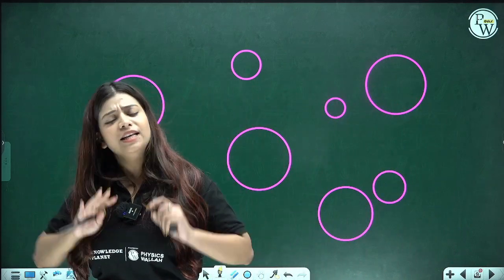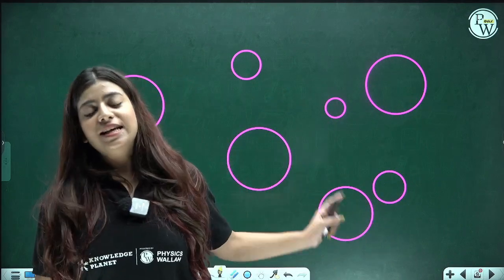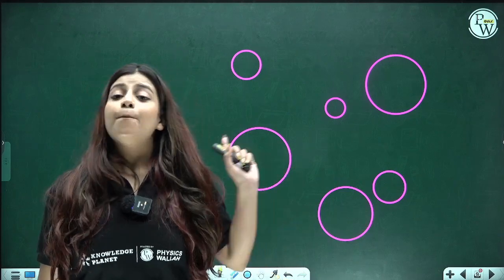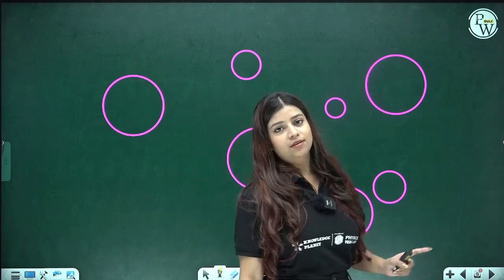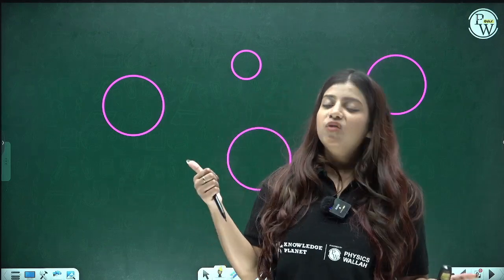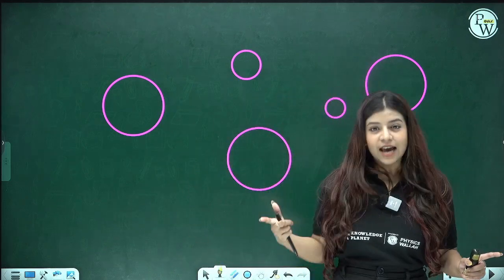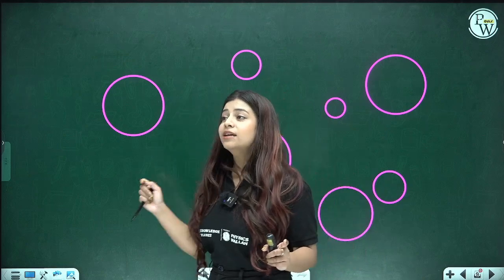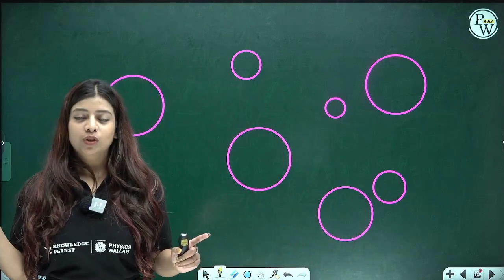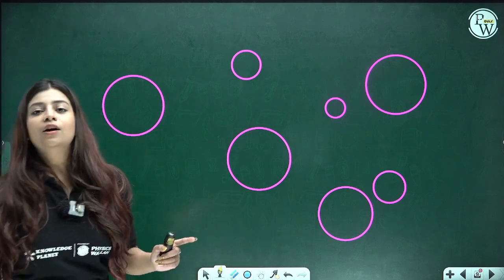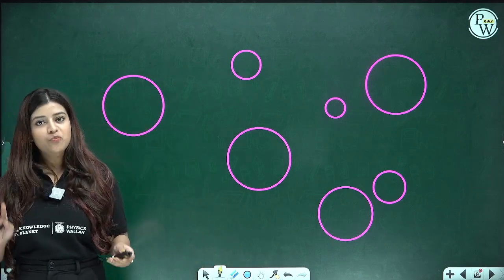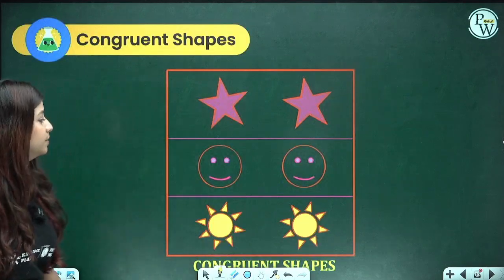We will call each and every one of these a circle, right? But what about the size of these circles? The shape is the same, yes, but is the size the same? No. So since the size is not the same, students, we will say that these are not congruent. I hope this is clear to everyone.